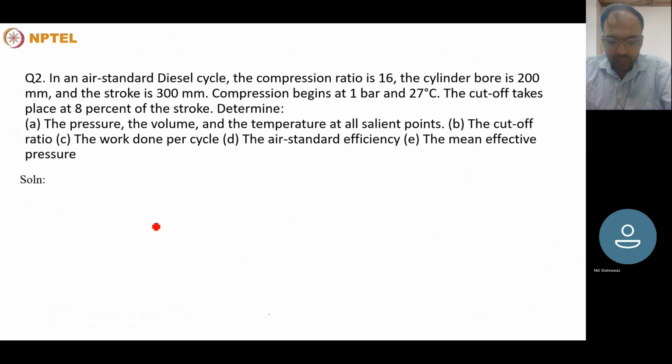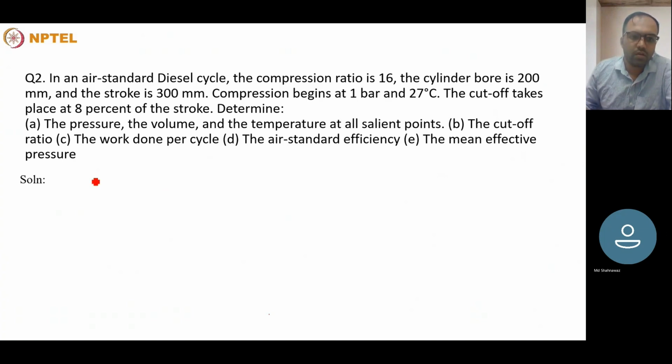So in this particular problem, first of all, we draw that PV diagram. That's an air standard diesel cycle.